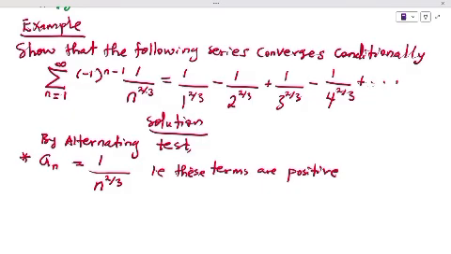Also, 1 over 3 to the power of 2 over 3 is less than 1 over 2 to the power of 2 over 3. You take your calculator and divide it, you see that it is less. So that's another condition. We can now say that, let me pick the third one.